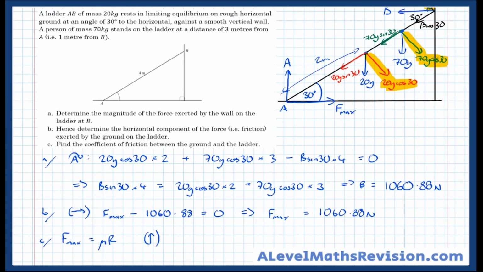So forces acting up, we've got A, and that's it. Take all the forces acting down, take 20g, take 70g, equals 0. So that means that A must be 90g. In this case, A is the normal reaction R.